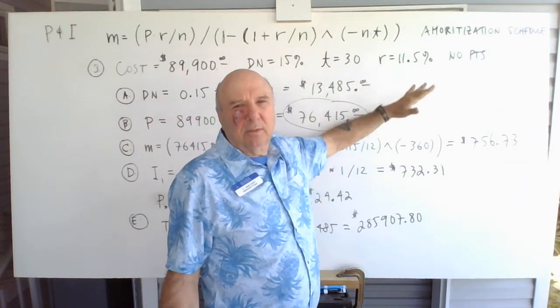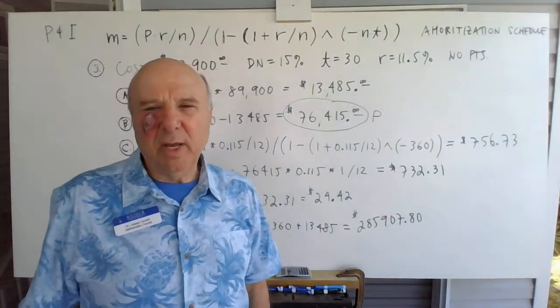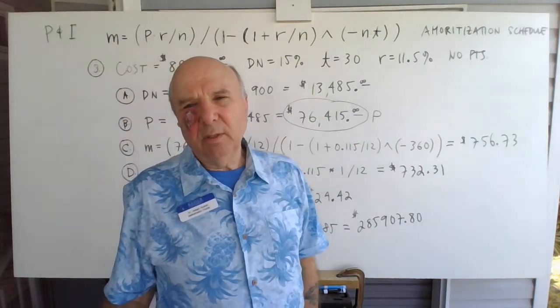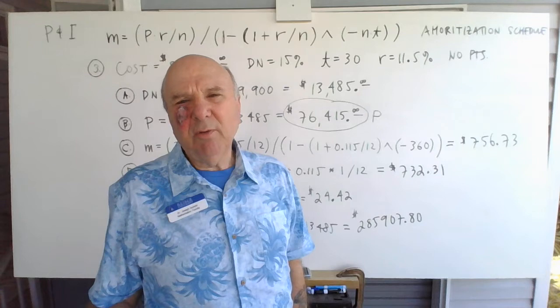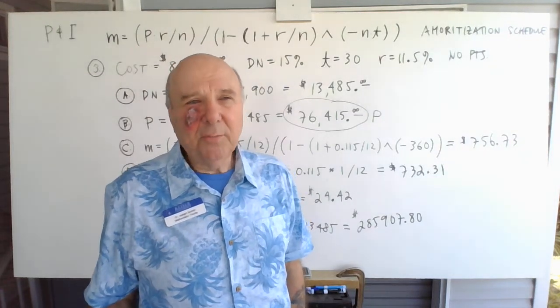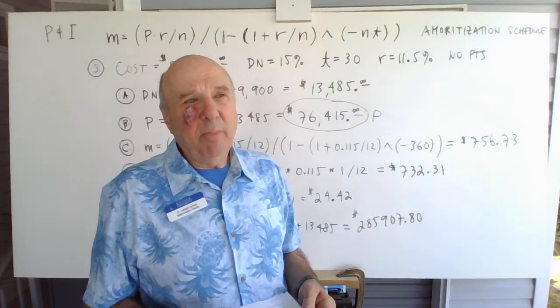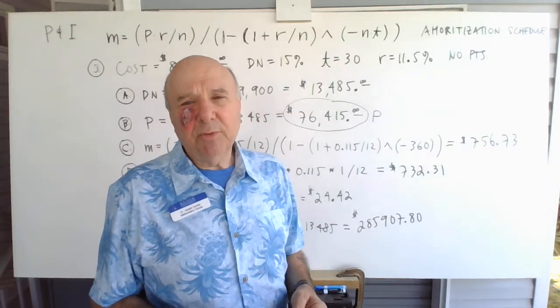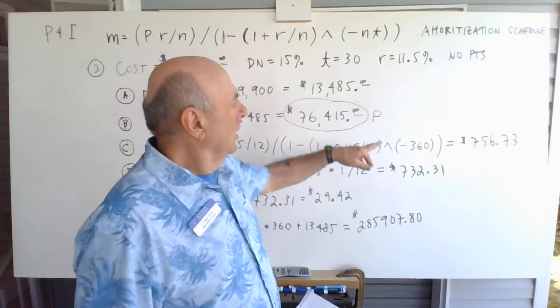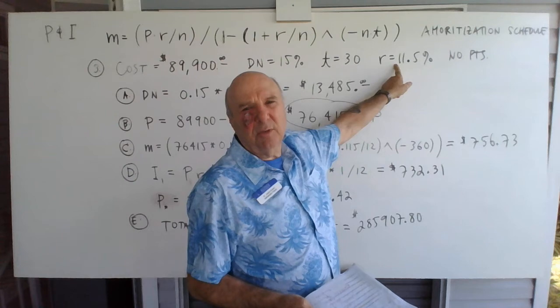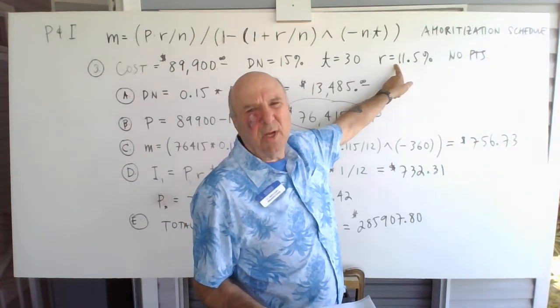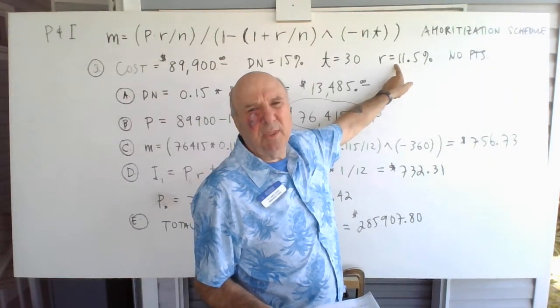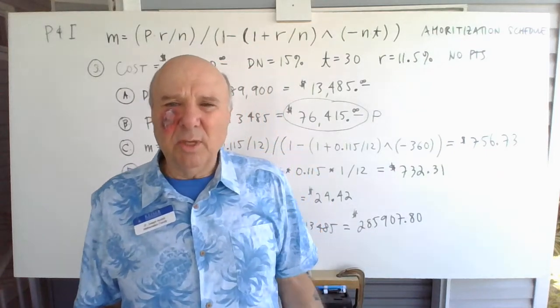So you can imagine the price would be a lot lower because you're not paying a lot to use the money. You're just using their money for 30 years, and so they're charging. That's how it goes. And back in the 1980s, this was what was going on. There were interest rates even higher than this. You could buy a house at 12, 13, 14. I remember them as high as almost 16%. And people were doing it because they wanted to buy the house.